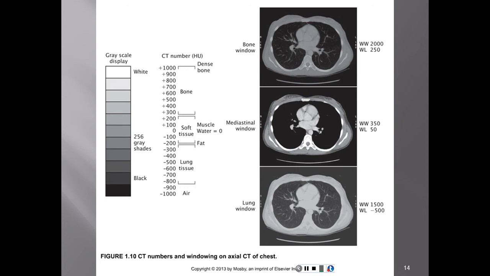So whenever you're manipulating the grayscale of your image, MRI or CT, you want to make apparent the anatomy of interest. In this case, we're taking a picture of the thoracic cavity, so we have heart and lungs. So it depends on whether you're looking at the lungs or whether you're looking at the heart, what the appropriate grayscale would be.